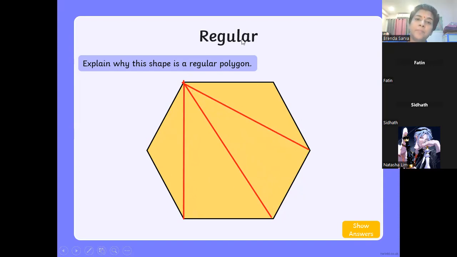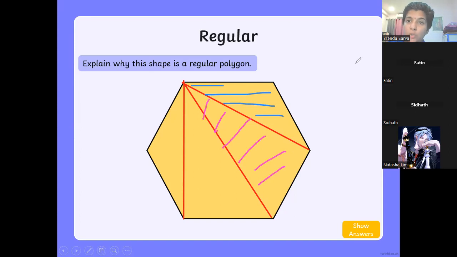Now tell me, how do you see the shape of triangles here inside this hexagon? Can you see this is a triangle? Can you see another triangle here? So every polygon, if you connect the vertices, you will find triangles inside.